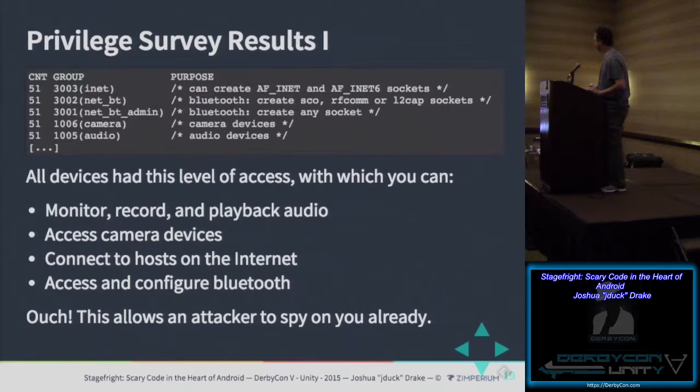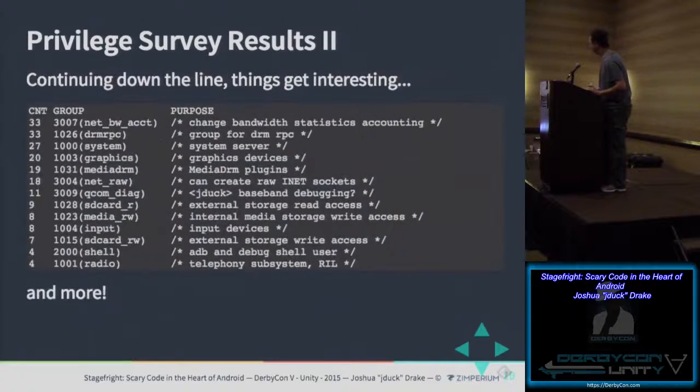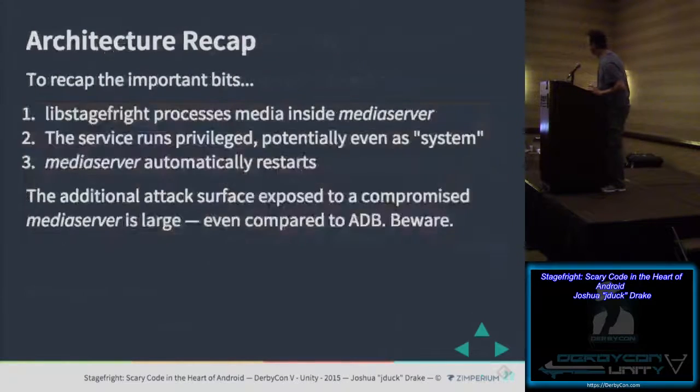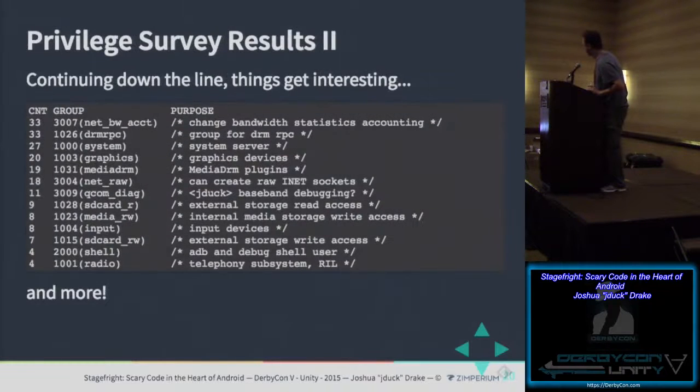And so you see 51 had that group, but only certain ones had these groups. These are kind of the outliers. And the most awesome thing is that you can see that some of these devices, 27 of them, will give you the system group if you compromise a service.